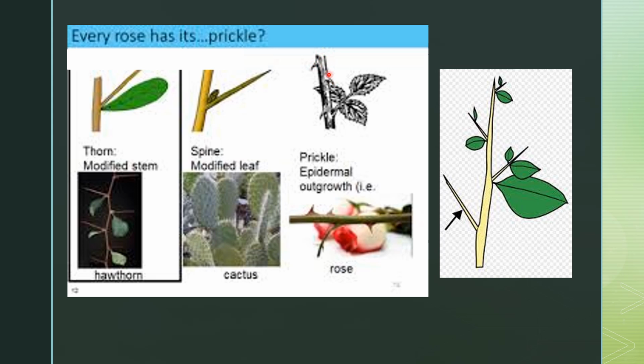It developed from the epidermal tissue, not from the woody tissue of the stem. It's just from the epidermal tissue, so it's an outgrowth. Okay, you can find this one, prickle, in the rose plant. Now you need to know the thorn because it's a stem modification.